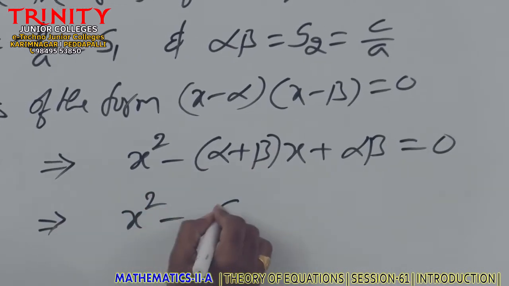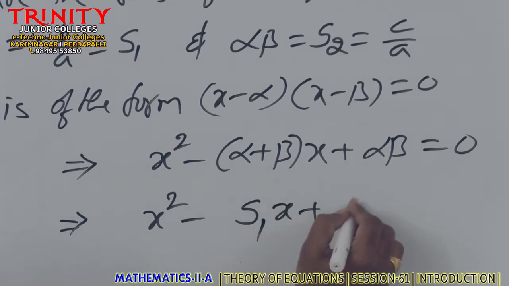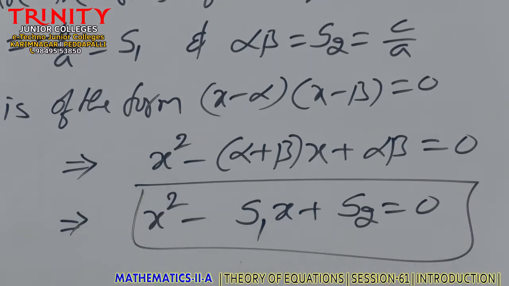That is, x square minus S1 x plus S2 equal to 0, where alpha plus beta is the sum of the roots. You have to remember this.